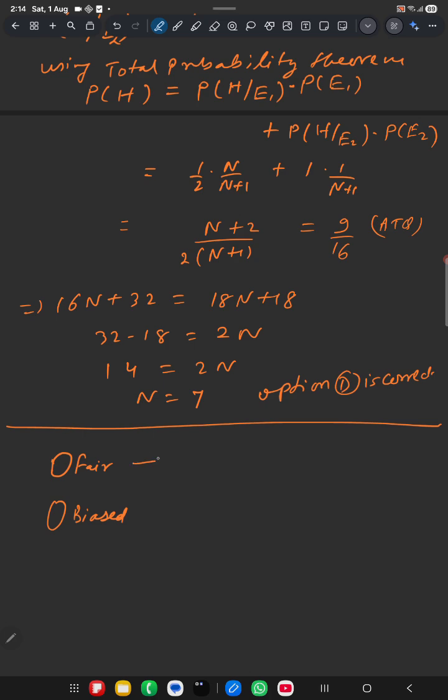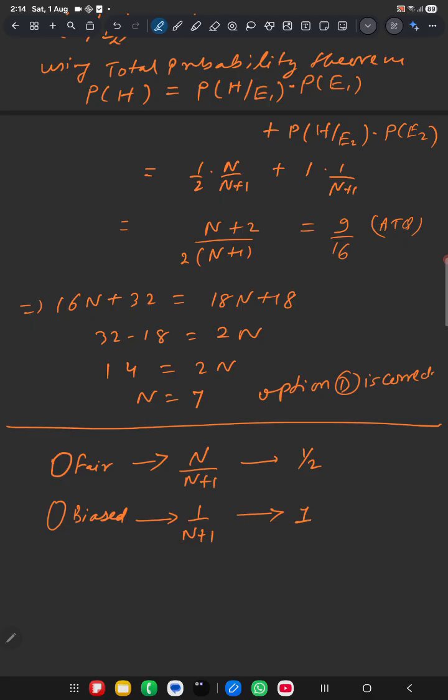The fair coin's probability of selection is n by n+1, isn't it? And the biased coin's selection probability is 1 by n+1. Now, getting head with the fair coin, what is the probability? Half. And getting head with the unfair coin will be 1 because on both sides you will get head.